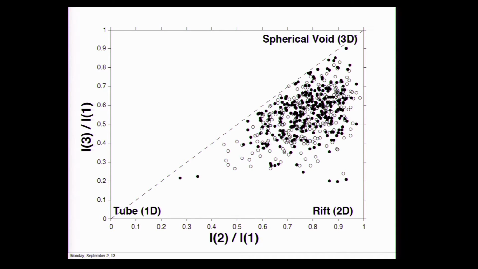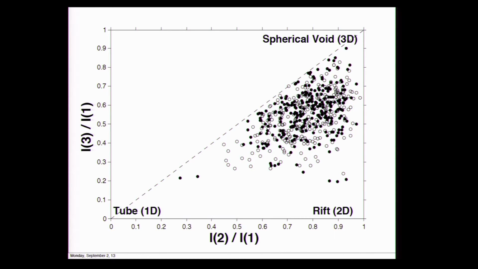So that a sphere would be up in this part of the diagram. A one-dimensional tube would be over here, and I had to invent some terms for what to call these things. A sheet in the galaxy distribution, this would be called a sheet, this would be called a filament, and this would be called a spherical cluster or a blob or something.